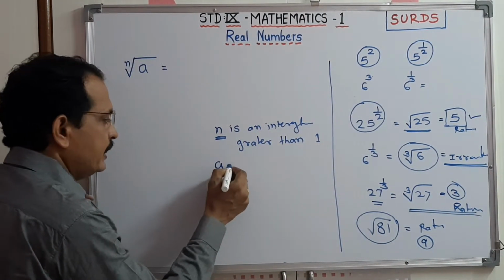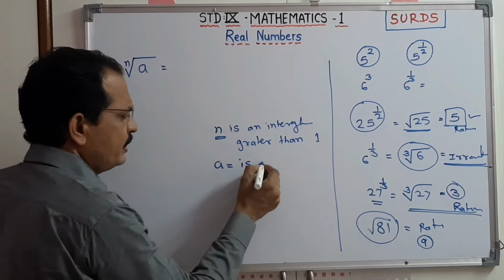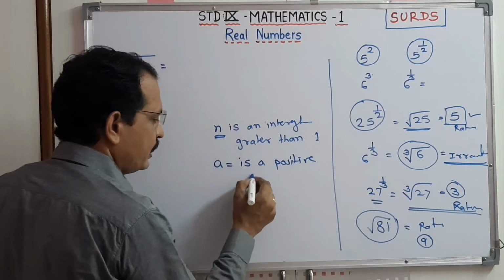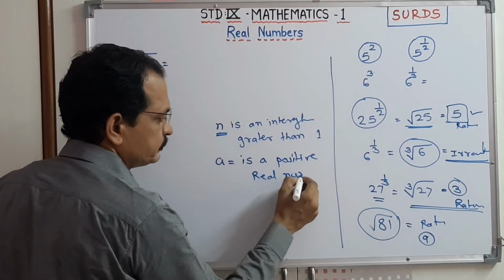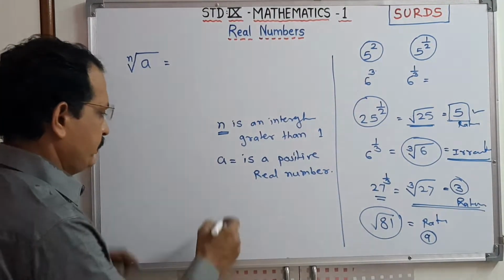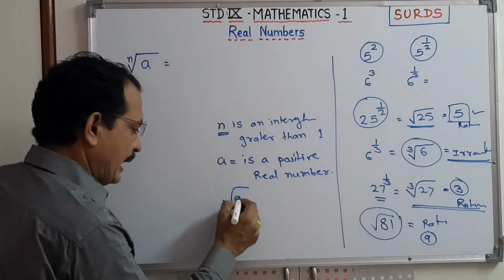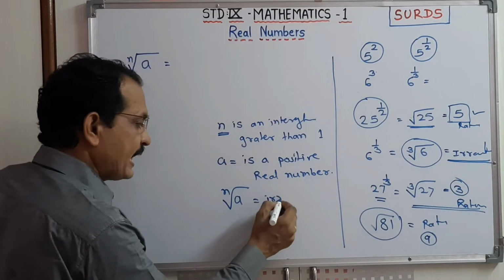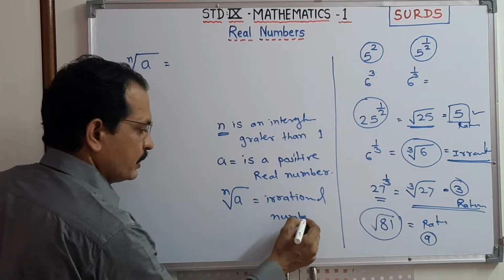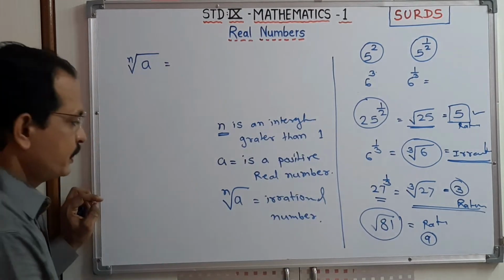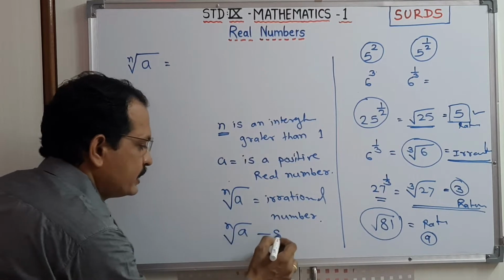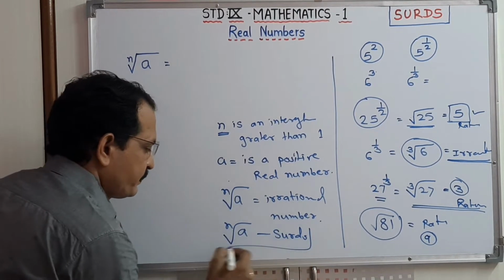Then this a is a positive real number, and this nth root of a is an irrational number. Then the number which is written in this form is called a surd.